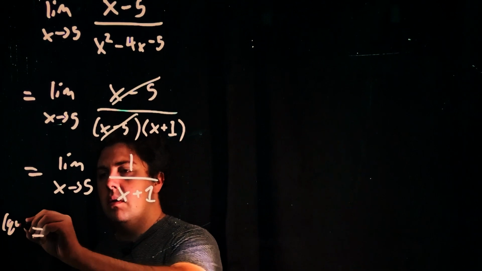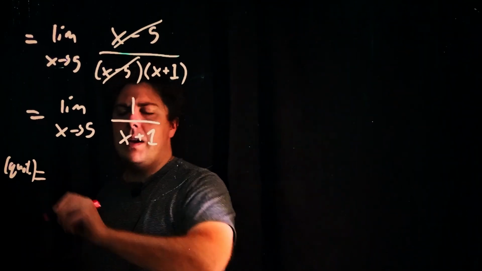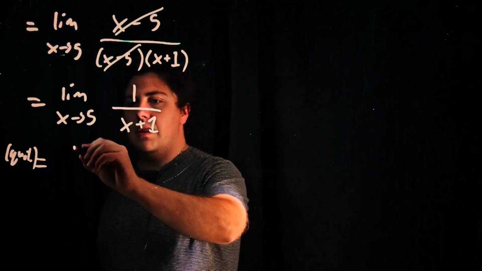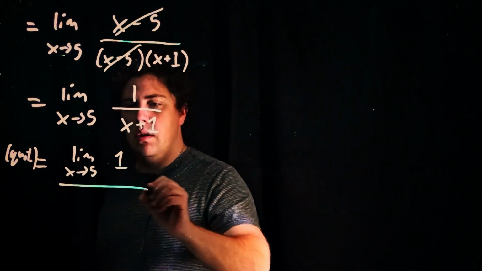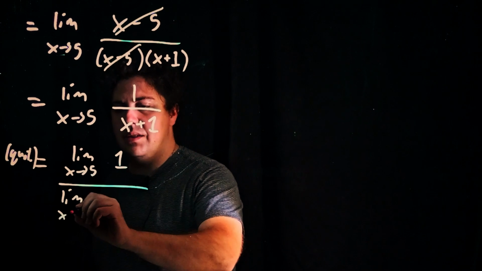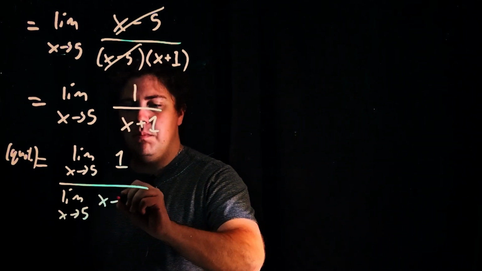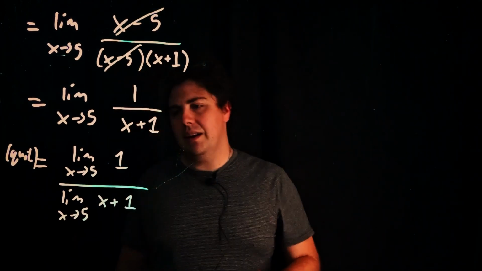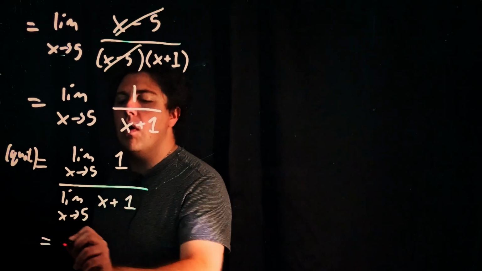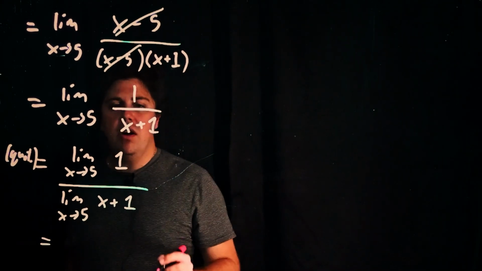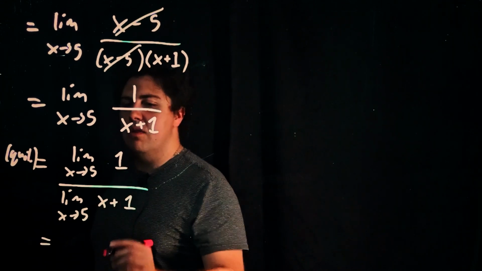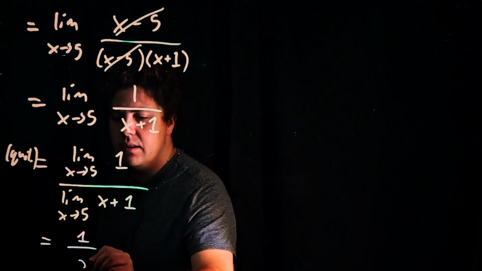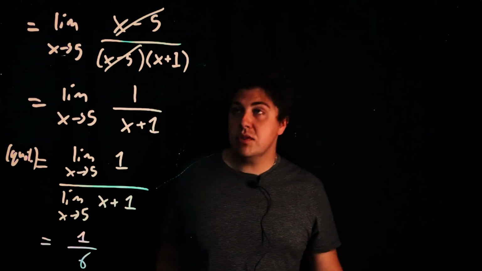And now, of course, we can use our quotient of limit laws to say that this is the limit as x goes to 5 of 1 all over the limit as x goes to 5 of x plus 1, and then just skipping one little step, plugging the numbers in, because we don't always have to be too on the ball about this. The limit is just going to be 1 over the limit of the bottom, which is 6, and that's our answer. Okay, so that's how we do this one.